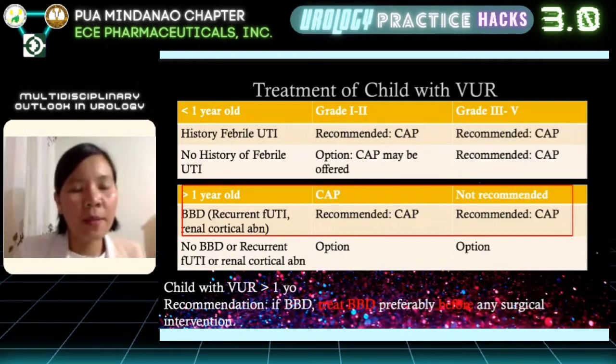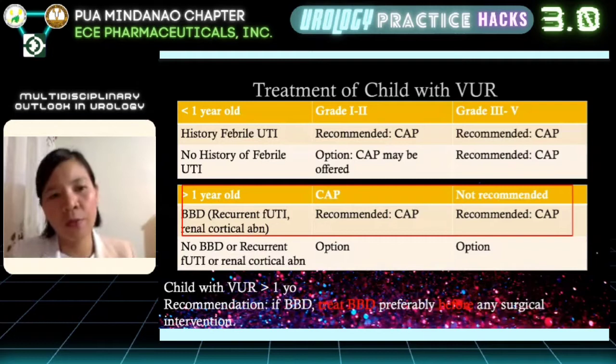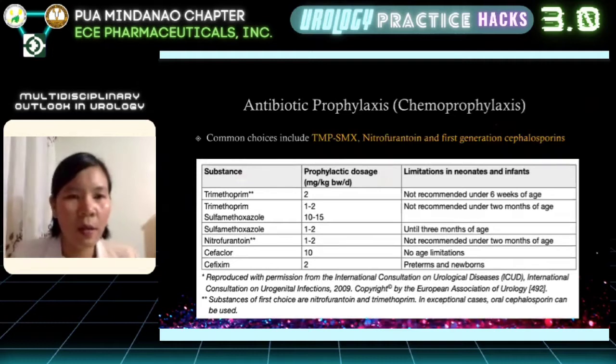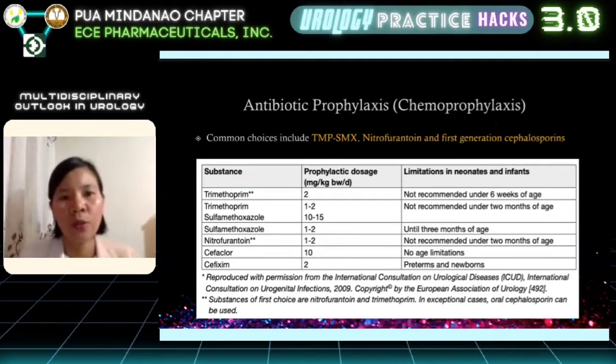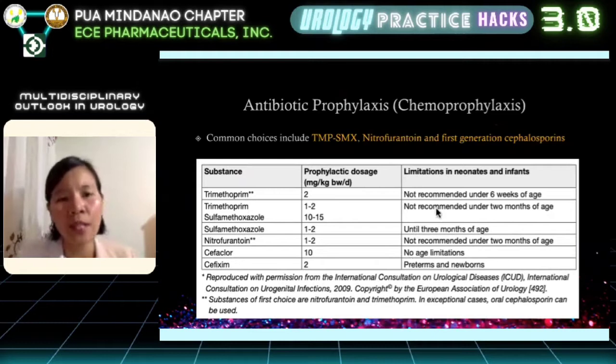Recommendation: if the patient has BBD or bladder bowel dysfunction, you treat the BBD first before doing any surgical intervention. These are the choices for antibiotic prophylaxis: trimethoprim-sulfamethoxazole, nitrofurantoin, and first generation cephalosporin. These are the dosages, and the ages at which these medications are not recommended.